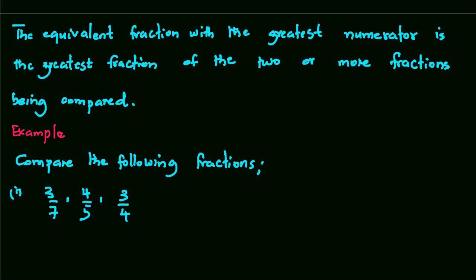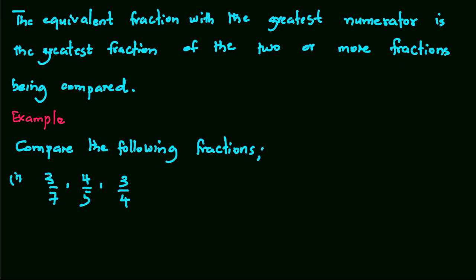Now, in our previous example, we note that the fraction with the greatest numerator is the greatest fraction. So let's look at another example. So we are comparing 3 over 7, 4 over 5, and 3 over 4.